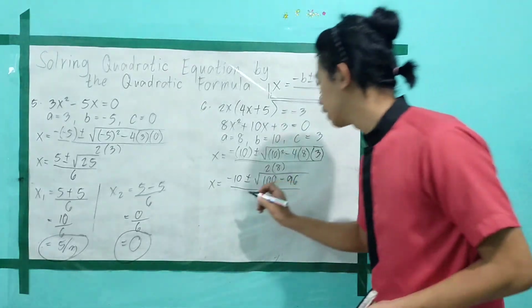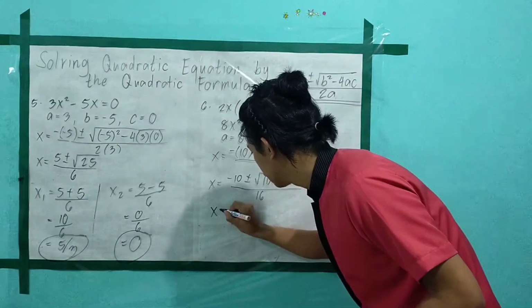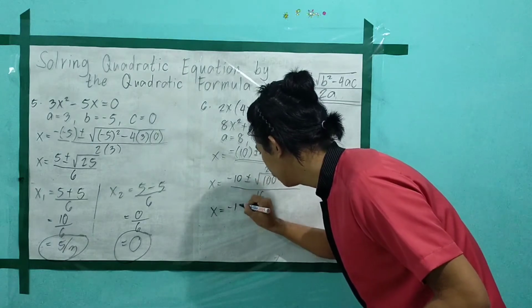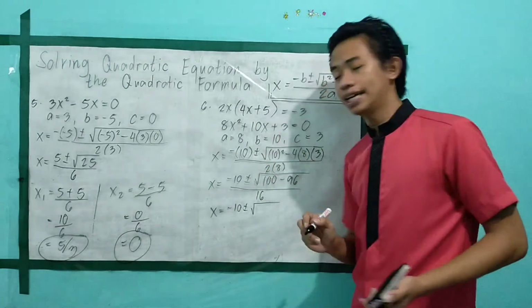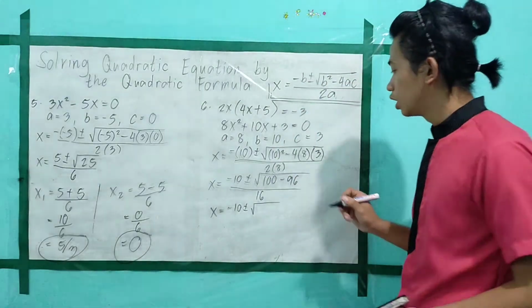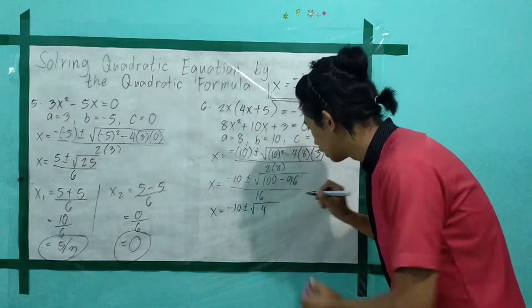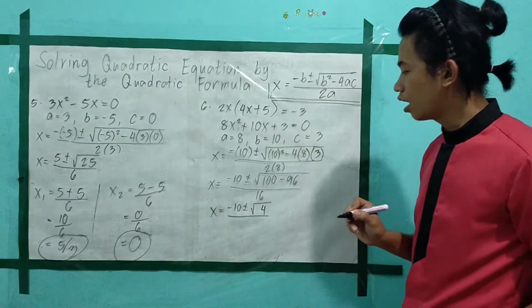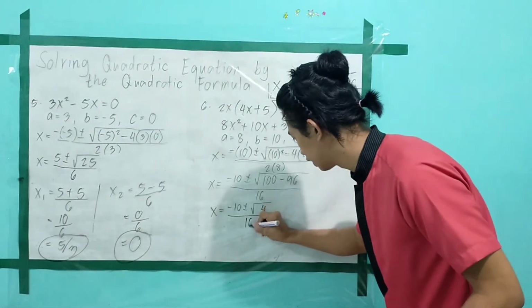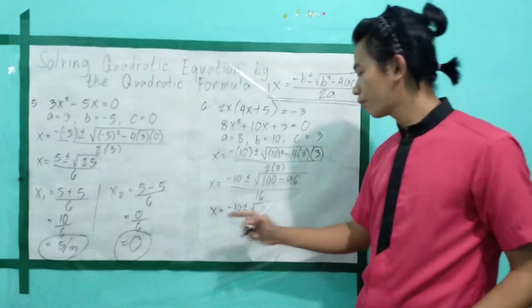Then next, x is equal to negative 10 plus minus square root of 100 less 96. We have 4. Okay? All over 16. Now, solve for the value of x.